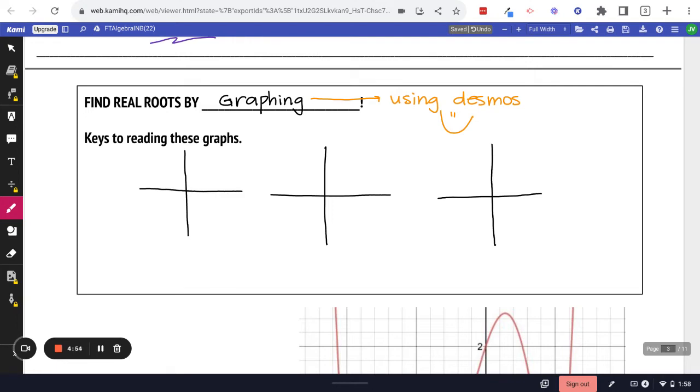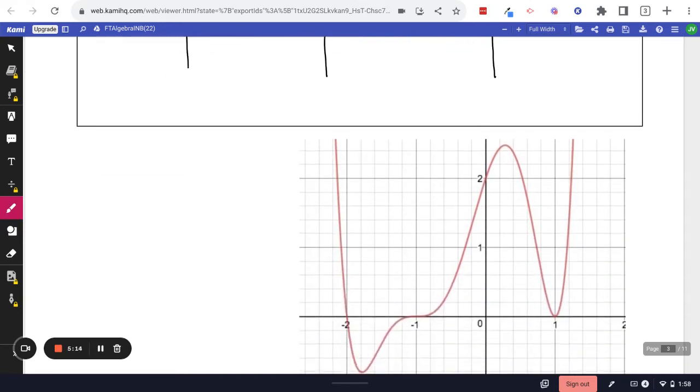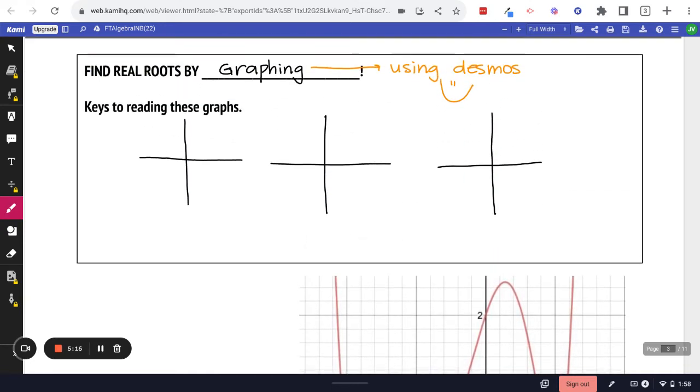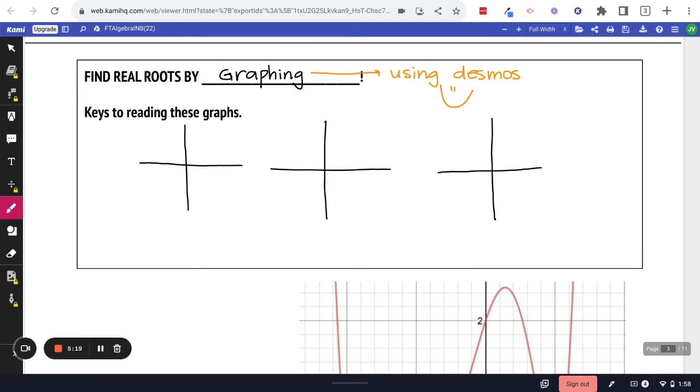We're going to dig into that deeper tomorrow, but for today, we're just going to sketch them. So just get them sketched. We'll leave them blank for tomorrow, because we're actually going to come down here to this new graph.